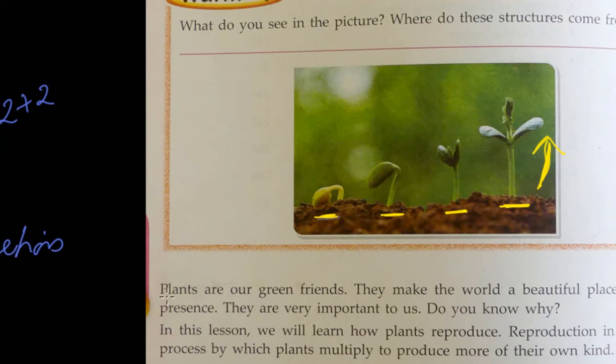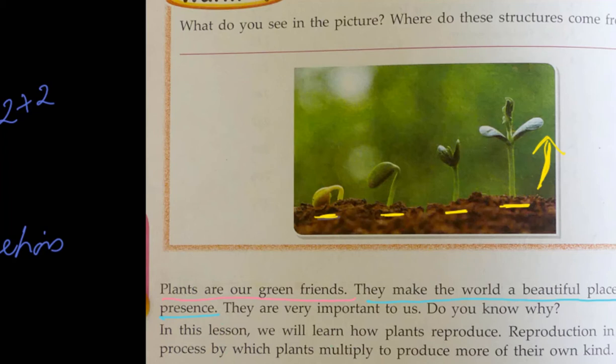See, plants are our green friends. What do you mean by plants are our green friends? We know that plants are usually green. They give us oxygen, they purify the air. So we call them green friends. They make the world a beautiful place with their presence.